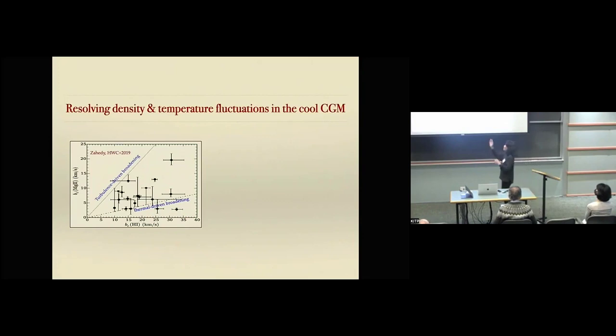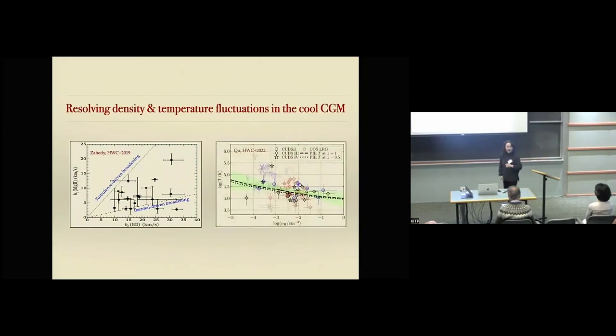And when we compare the line width of the same clump, but using different lines from different atoms, different elements, we can also hope to decompose the contribution from thermal as opposed to non-thermal motions. And this is what we have been doing since 2019. And when we do that, we get an independent estimate of the temperature that's not relying on any ionization model assumption.